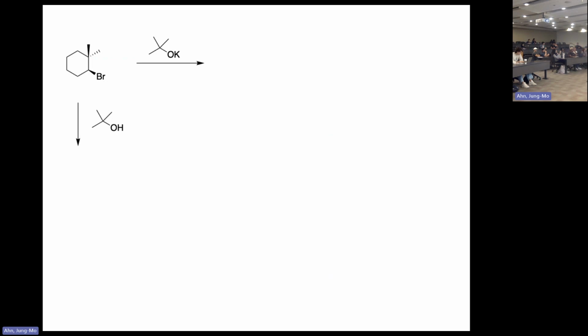In the case of elimination reactions, I'm talking about E2 elimination reactions, tertiary is the best, secondary can happen, but primary is bad. So when it becomes tertiary or primary, it has certain choices. But secondary can go along with anything depending on what you have.